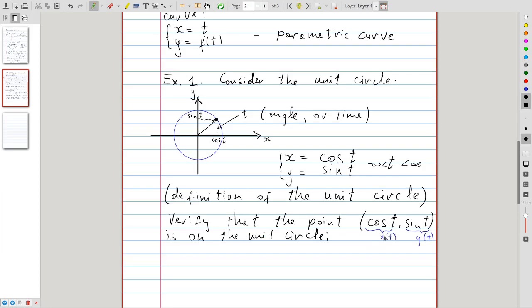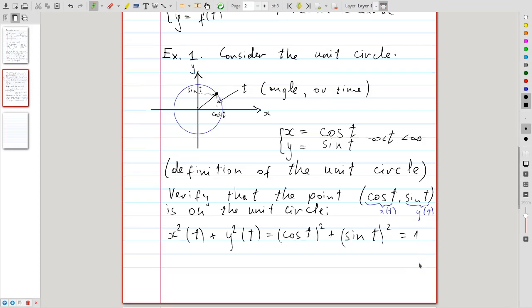If we think of cosine t as the first coordinate, sine t as the second coordinate, we can just square them and add them up, like so. We have x squared of t plus y squared of t is cosine of t squared plus sine of t squared. So that of course gives 1.